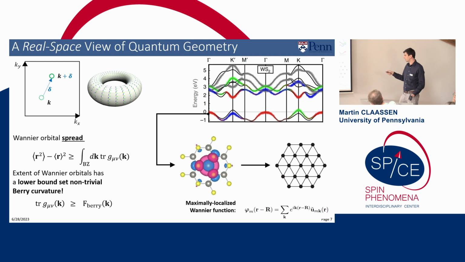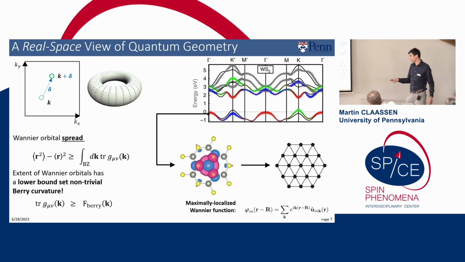We can pick out a single band of tungsten diselenide and try and model the physics of that band in terms of effective atomic orbitals, almost atomic orbitals called Wannier orbitals that form an effective lattice. Now, these Wannier orbitals oftentimes are almost atomic orbitals, but not quite, and in fact have a finite spread that is usually very, very tight in many conventional materials, but doesn't need to be tight, particularly in Moiré materials.